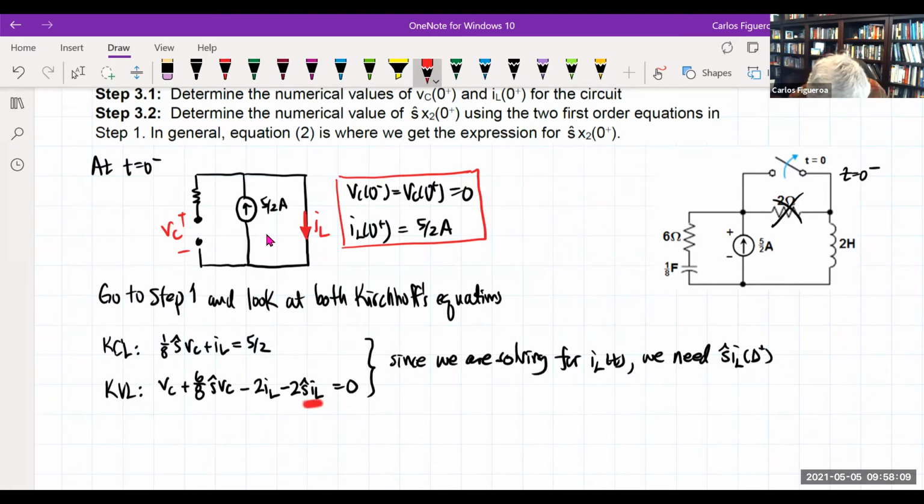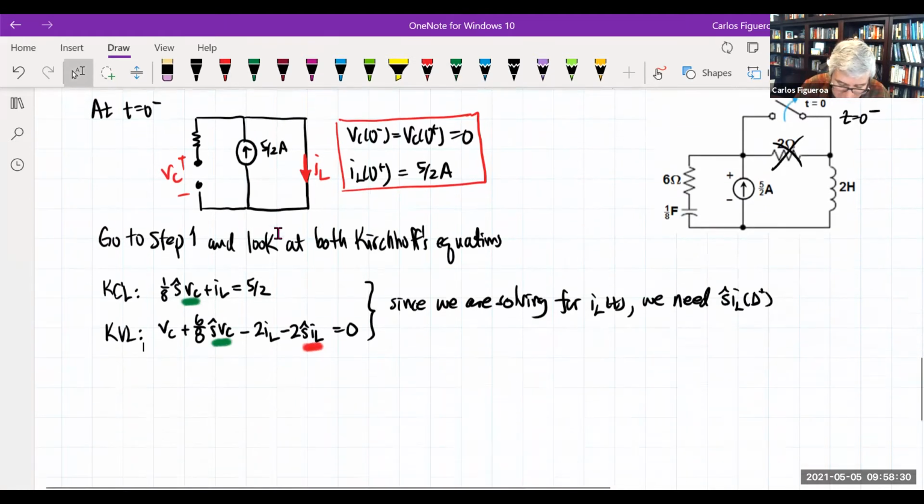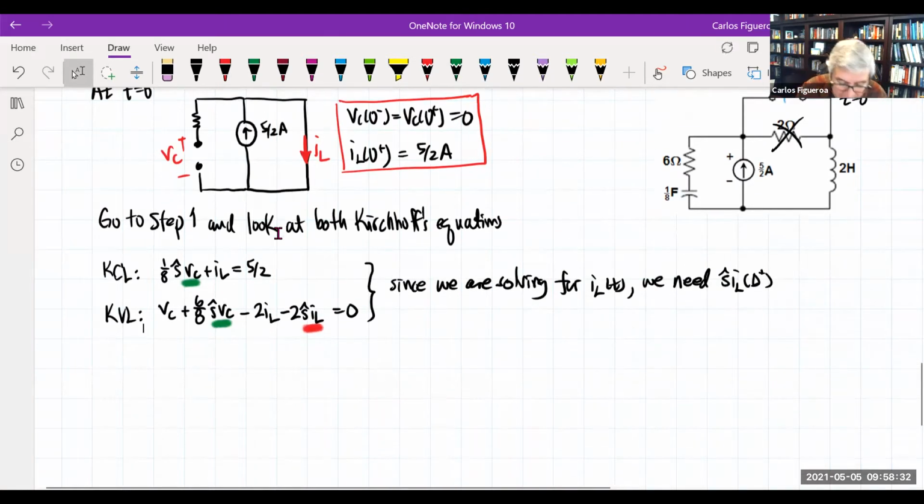But there's a problem. It depends on S hat VC. So what I have to do here is I essentially have to also pay attention to S hat VC in KCL. So I need both of these guys here.